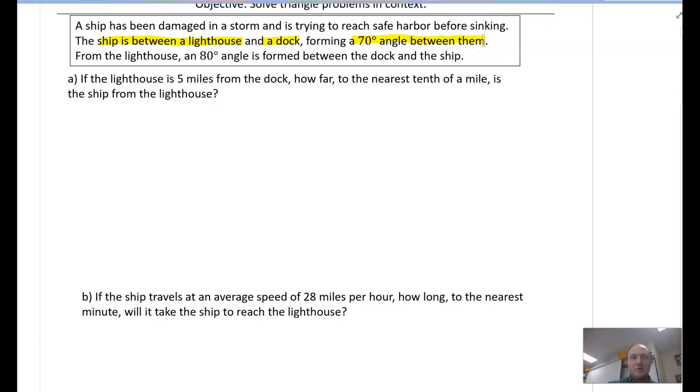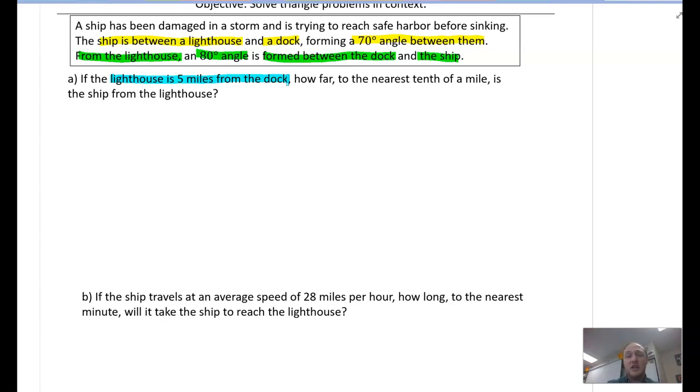From the lighthouse, an 80 degree angle is formed between the dock and the ship. If the lighthouse is 5 miles from the dock, how far to the nearest tenth of a mile is the ship from the lighthouse? There's a lot of information.